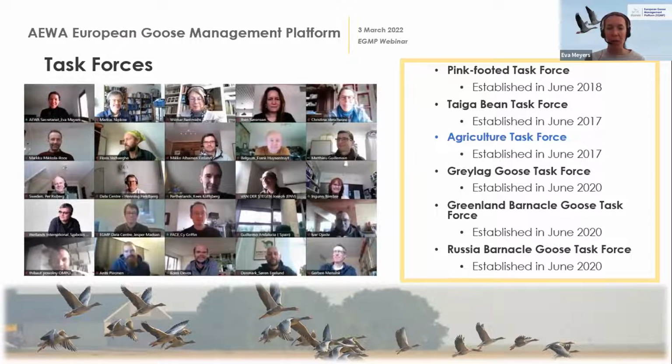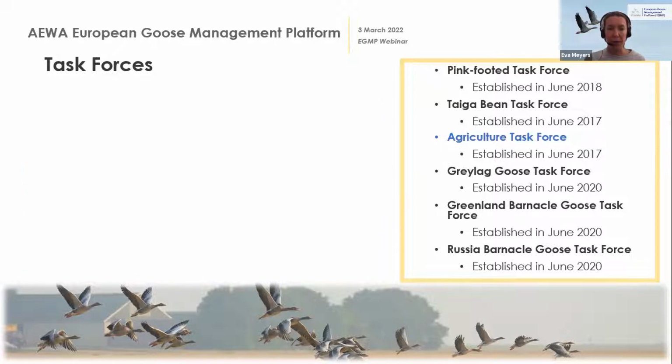We also have a cross-cutting task force, the agriculture task force, which is dealing with various issues that concern different populations, and where there's more of a shared space across the populations.